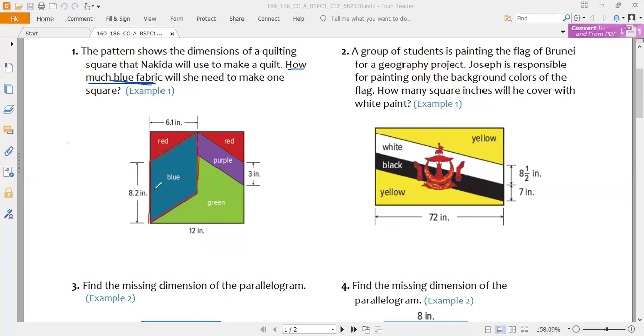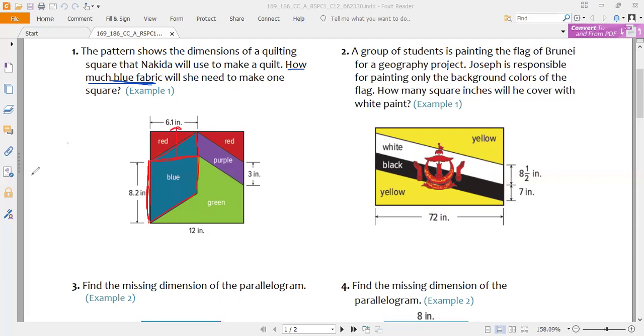Now we need to find the base. If you look at this side, this length is given, which is 8.2 inch. And if I draw a line here on the other base, this will give us the height, and we can find it. If you look above here, it's given the length, which is 6.1 inch.